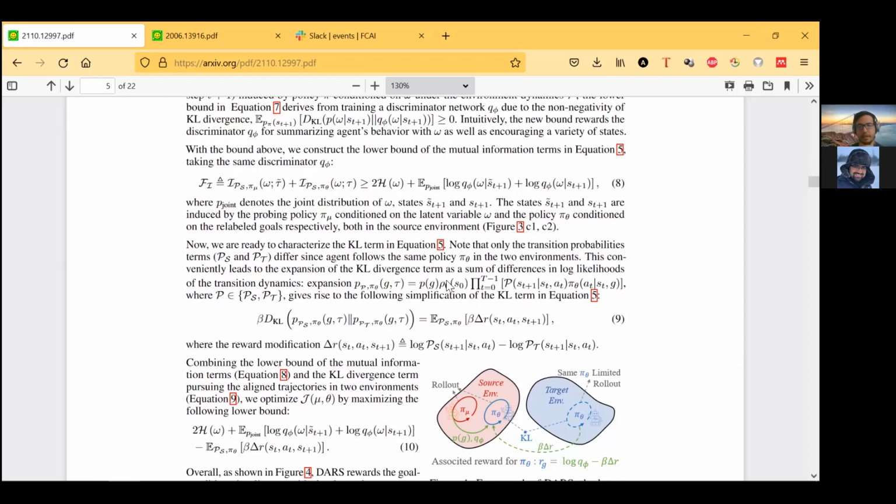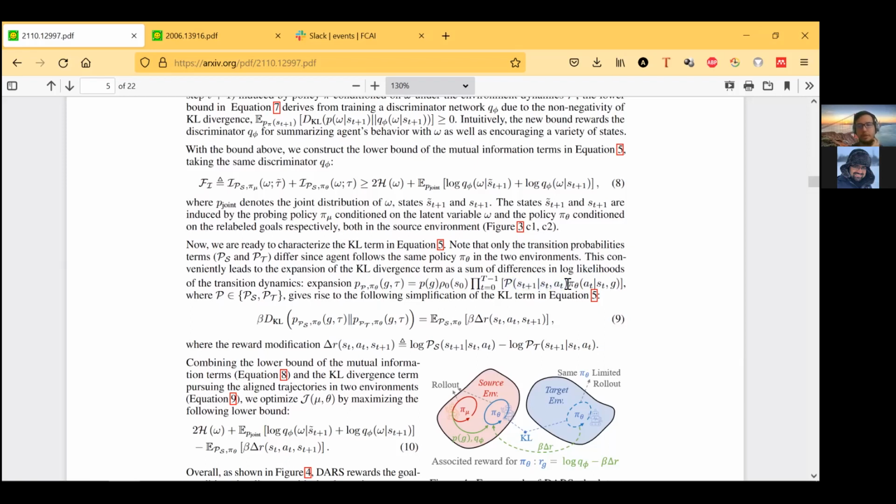And because it's the KL between the same policy, it's just the environment that changes. So it's the same distribution of goals, the same policy, the same initial distribution, and so on. And it's just this thing that will change.